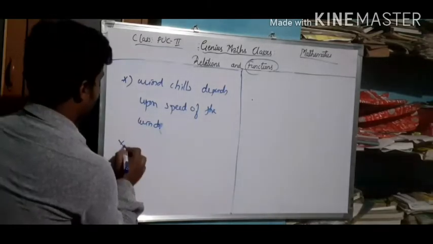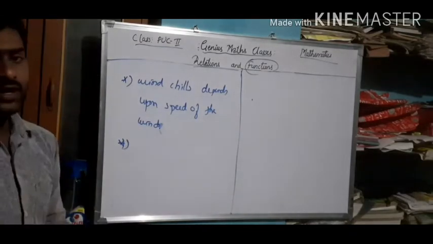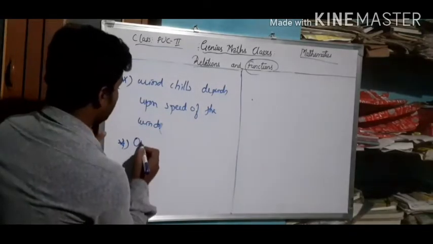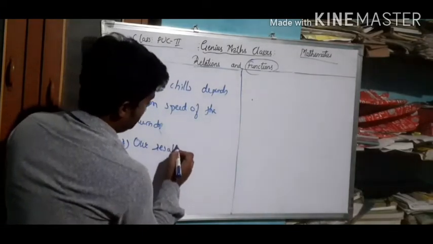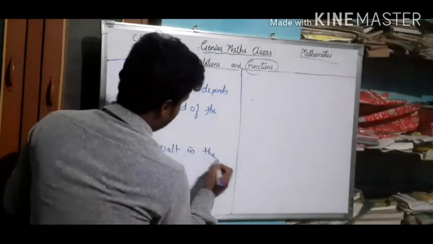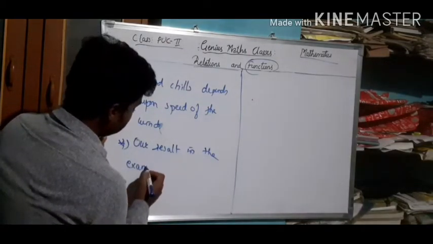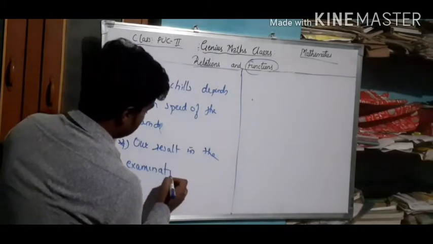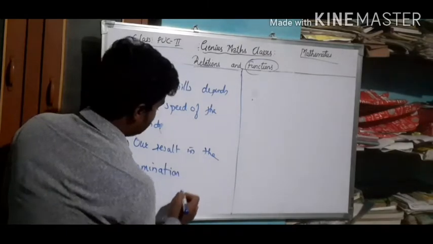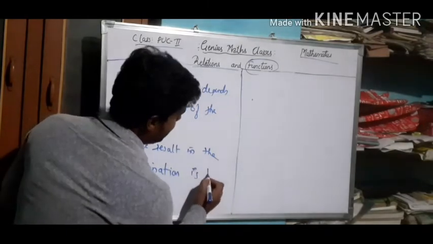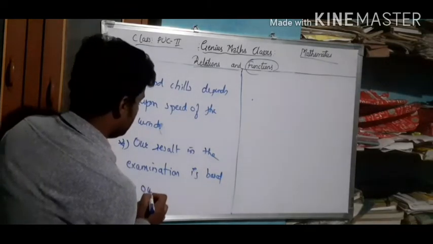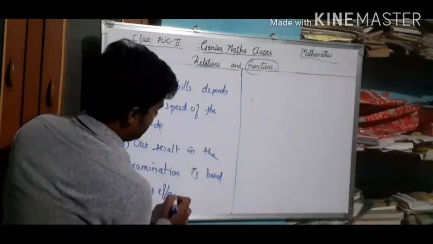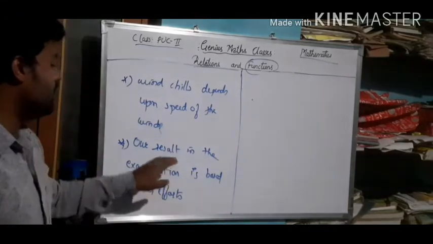Another example is our efforts and our result in the examination. Our result in the examination is based on our efforts. If you put in good effort, our result is good.